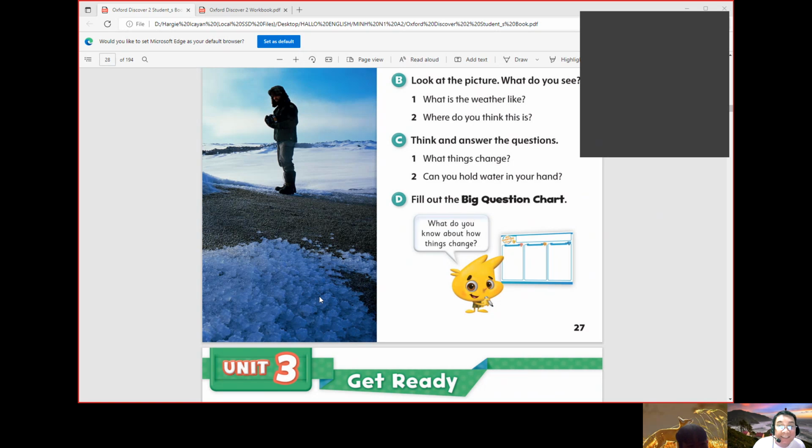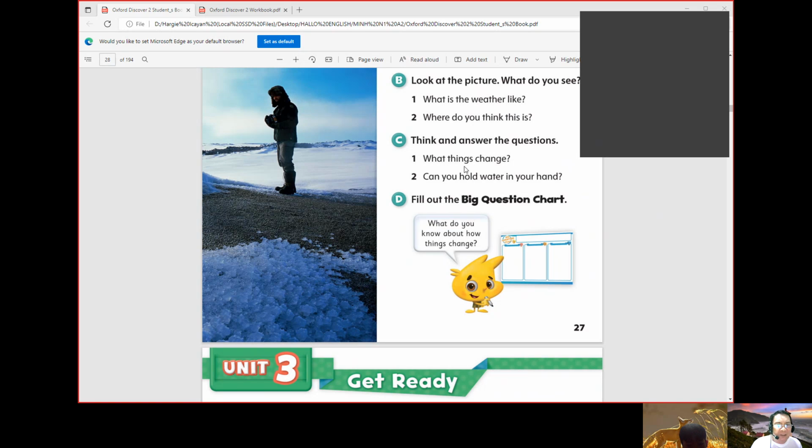Okay, this is Antarctic, because in the Antarctic part of the world they mostly have this particular weather, okay? There would be a lot of snow in there. Now think and answer the questions.